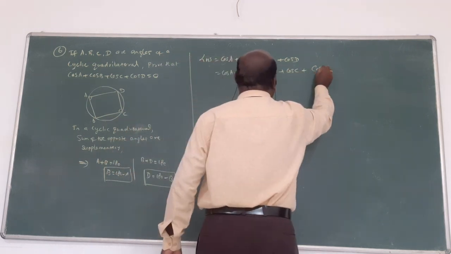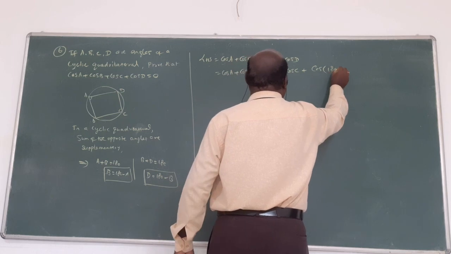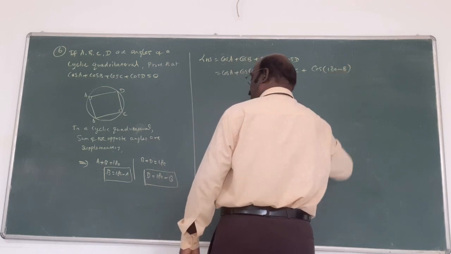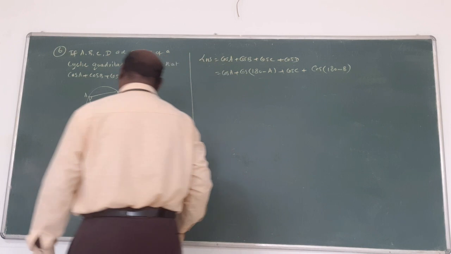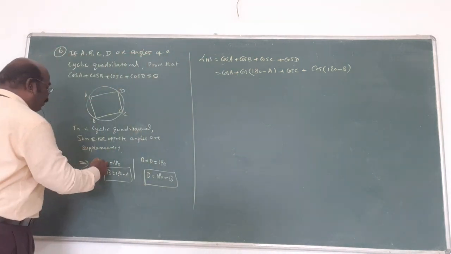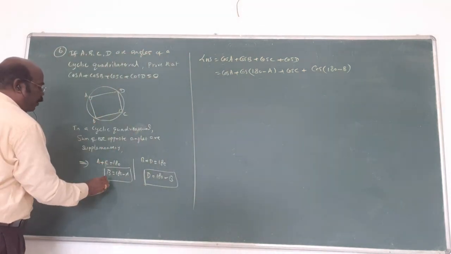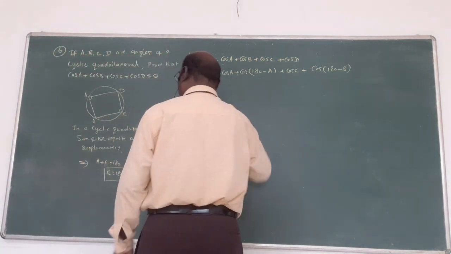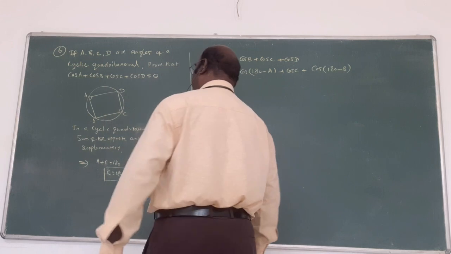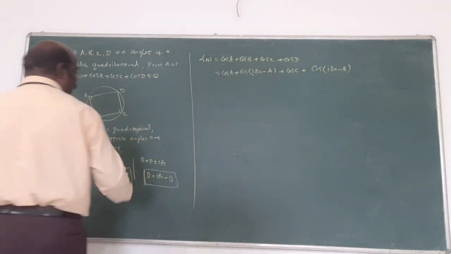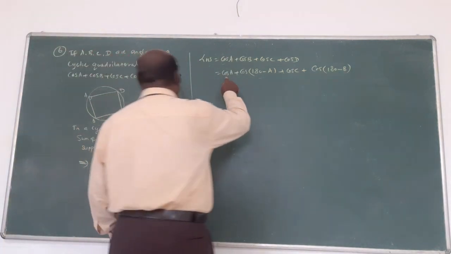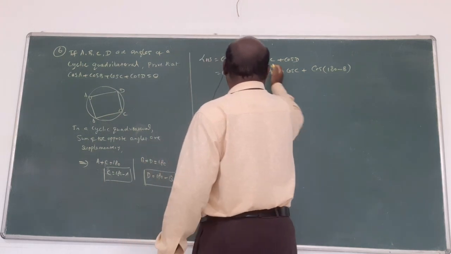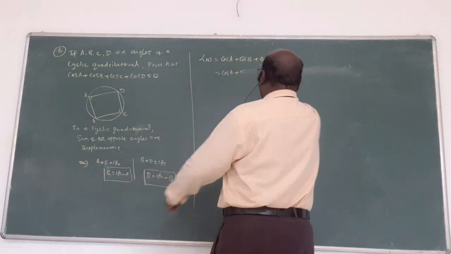Plus cos D is what? 180 minus B. Am I right? A plus C, B plus D. Only C changes.